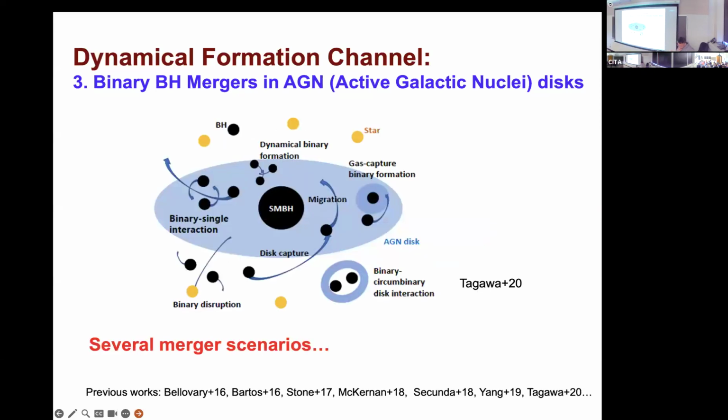There are a lot of physical processes that are still being studied: the capture, how the stars get captured, how they migrate, and how you form a stellar mass binary in the first place, and so on. Roughly speaking, one can classify this merger channel in two ways.